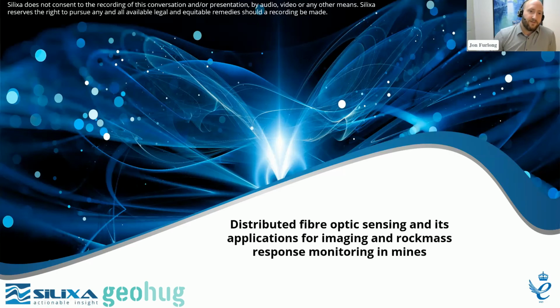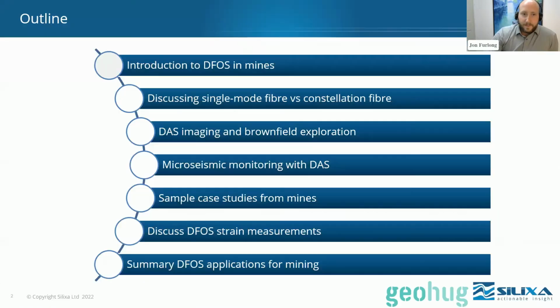The title of this talk is Distributed Fiber Optic Sensing and its Applications for Imaging and Rockmass Response Monitoring in Mines. I'll start with distributed fiber optic sensing, giving an introduction to the technology and how it works. Then I'll talk about distributed acoustic sensing and compare standard versus constellation or engineered fiber, using a case study from underground mines.